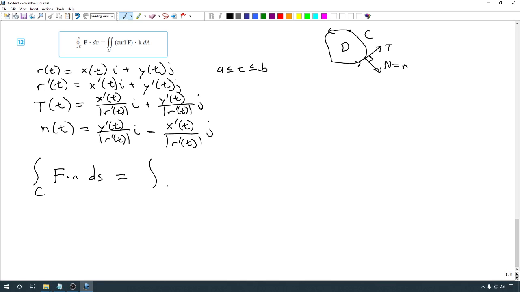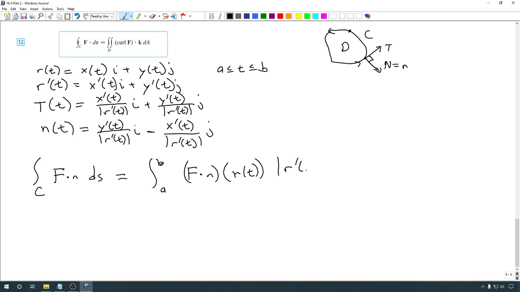So this is basically equal to the integral from a to b of F dotted with N at the point r of t, specifying that we're taking a point on the curve and then looking at the dot product of the normal vector and the vector field at that point.